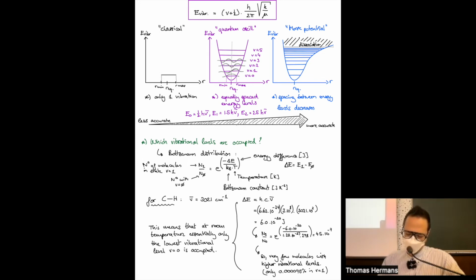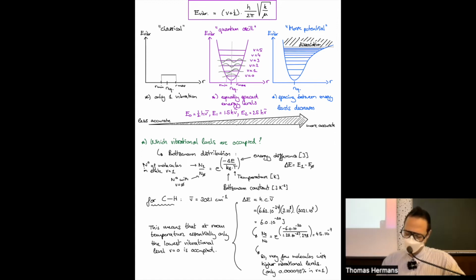So let's say N1 is the number of molecules in state V equals 1, so in the first vibrational level, right, this one. And we compare that to the number of molecules in V equals 0. So that is the same as we saw before. It's e to the power minus delta E, the difference in energy between those levels, divided by the Boltzmann constant times temperature.